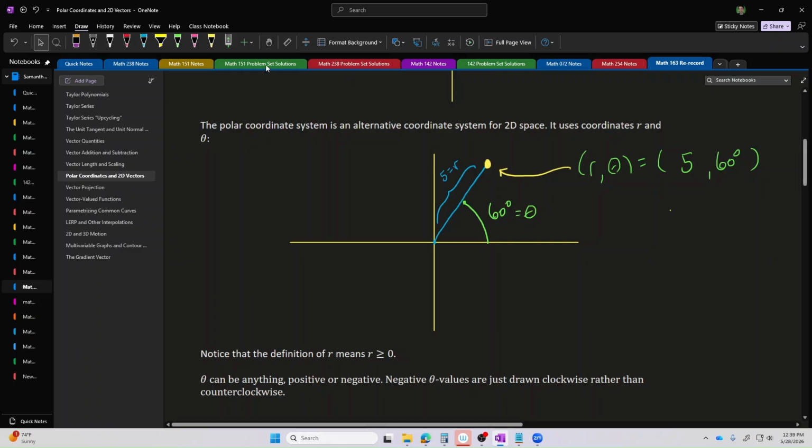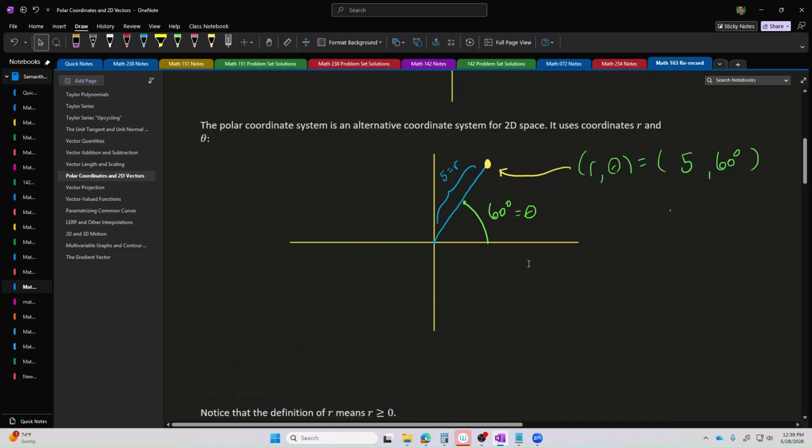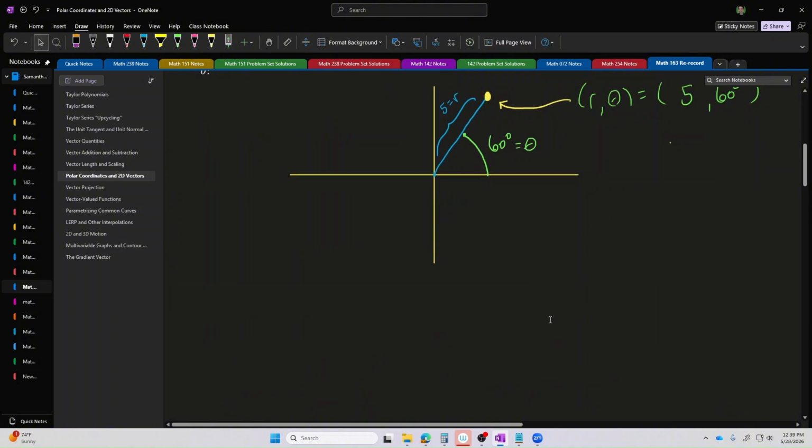So in other words, the polar coordinate system describes locations in terms of the angle between that point and the x-axis. That's the meaning of theta.